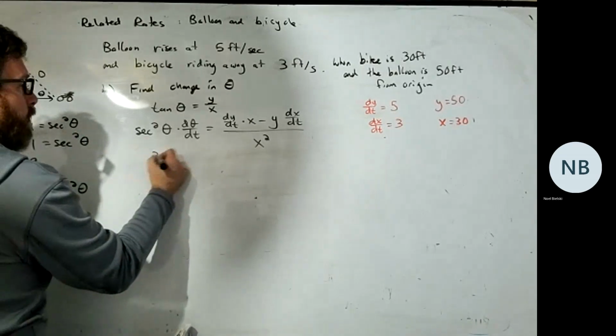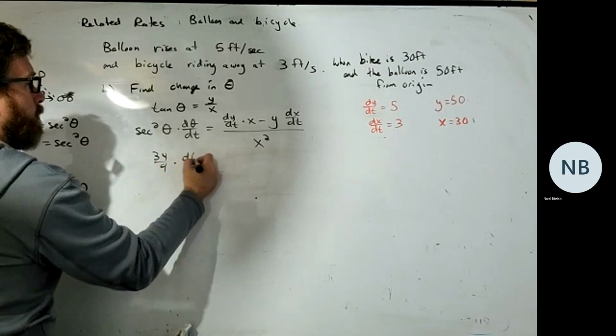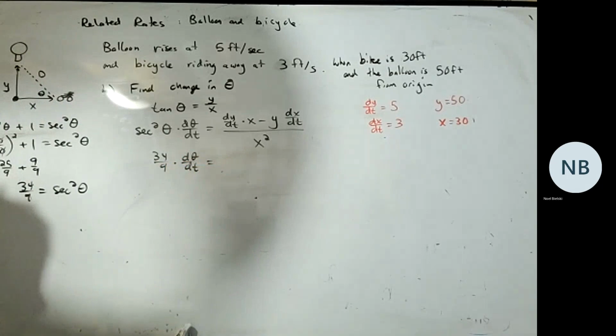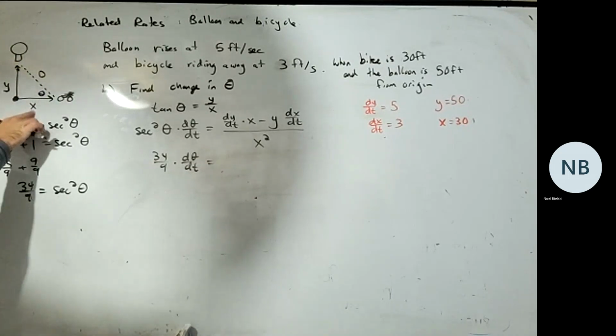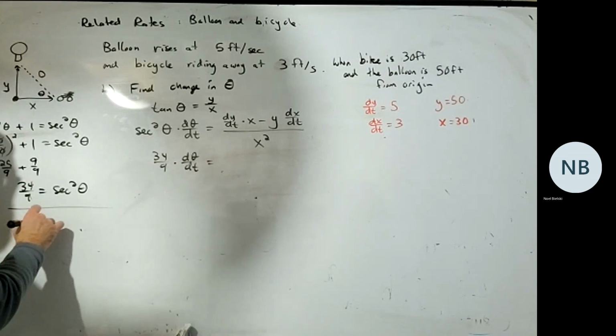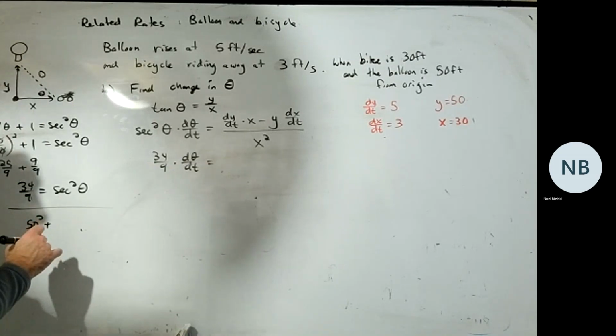So now we have 34 over 9 times d theta dt is equal to, again, remember that if you did x squared plus y squared is equal to d squared, I can kind of prove this to you real fast. So another way to do it is x squared is 50 squared plus, what is that, right?